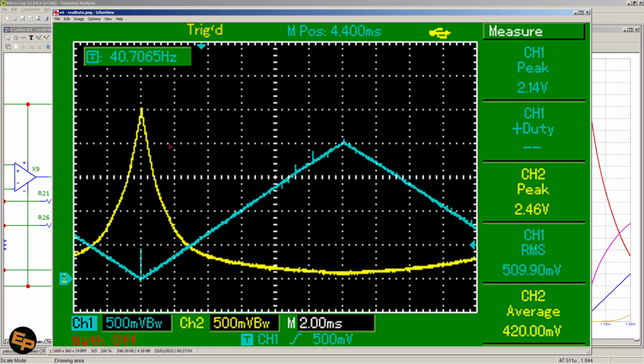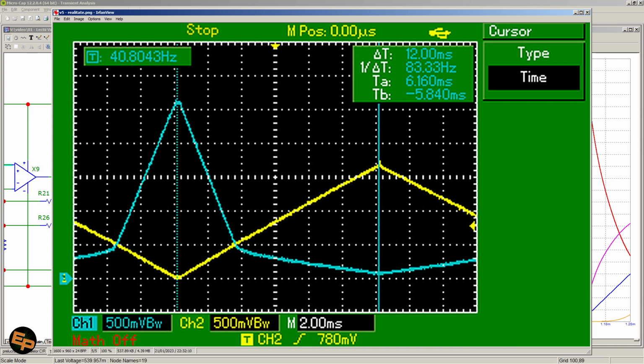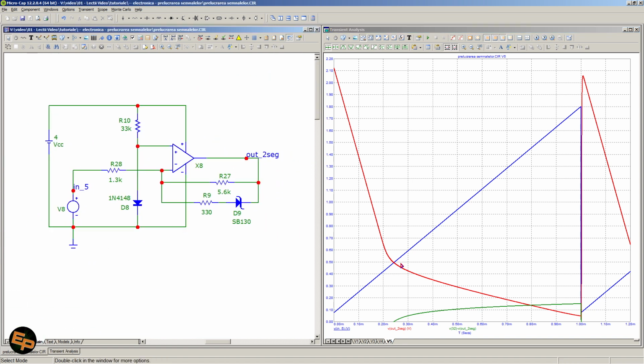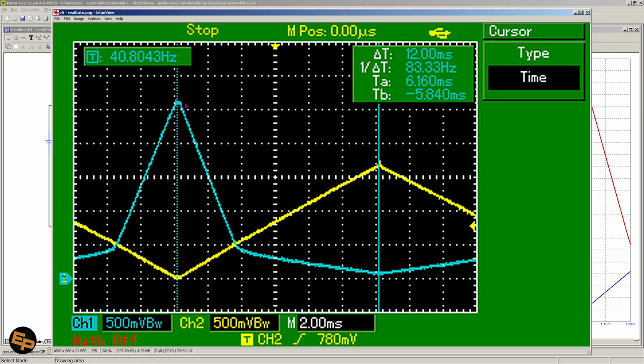So this is the practical example, and this fifth example that I have shown you at last, which has a much straighter response curve, in reality also checks out, and the intersection is precisely at half a volt. The colors are inverted, so now we have yellow the input signal and blue the output signal, but essentially they show the same thing.